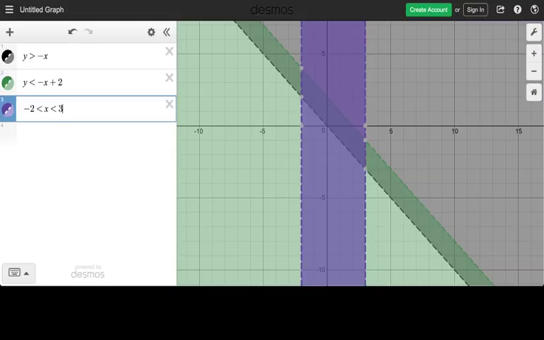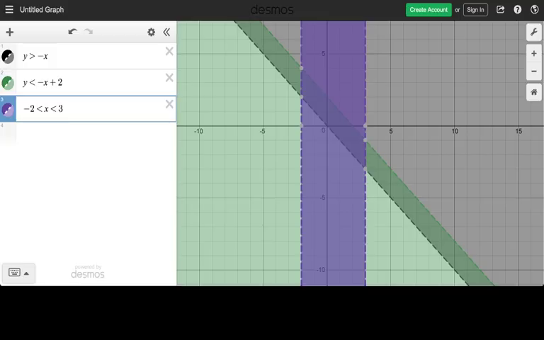So with that, y is less than or equal to negative x plus 2. And then we need a function of x and y. How about 3x minus 2y? Good enough. All right, so this is going to be a bounded linear programming.